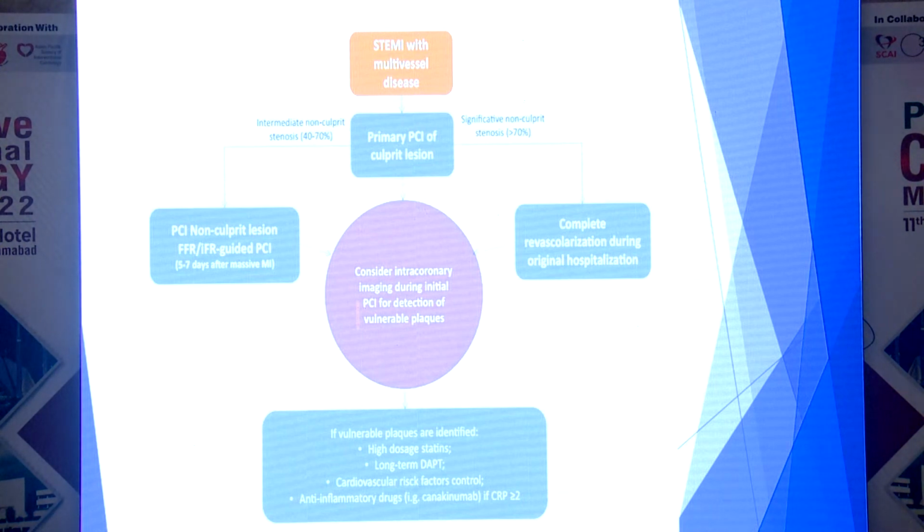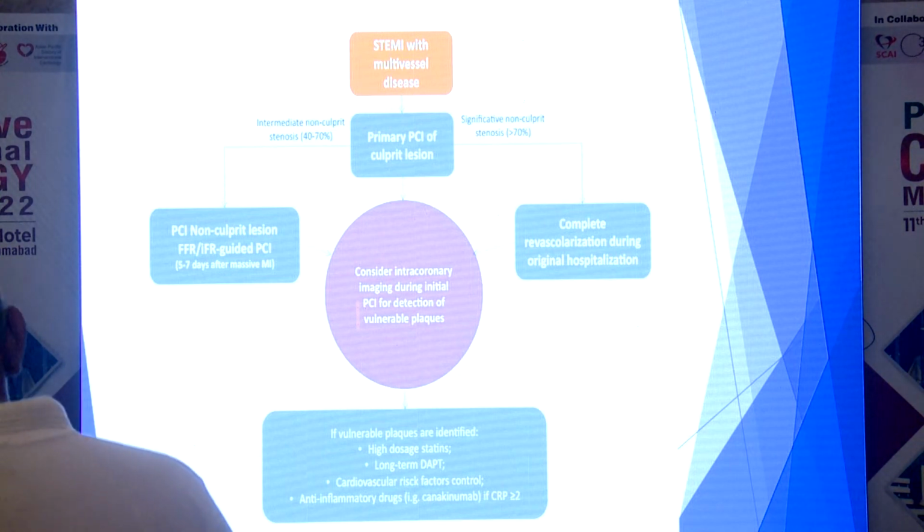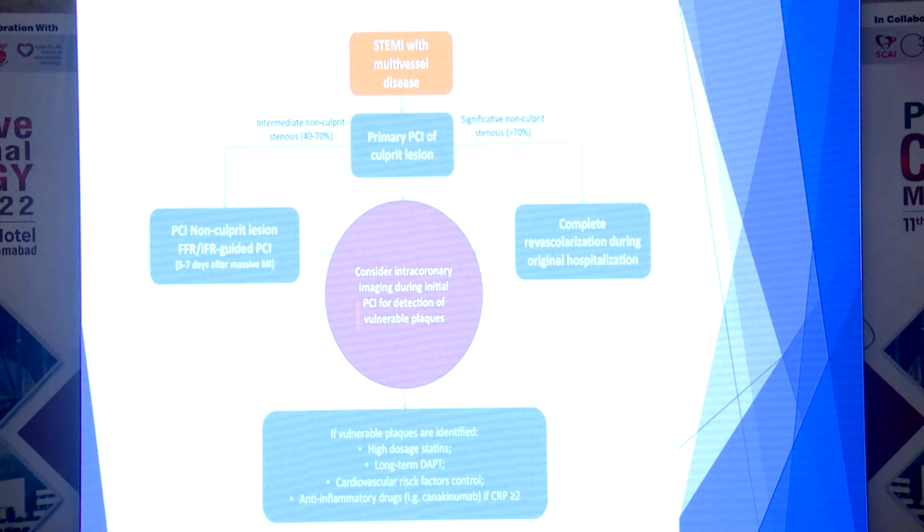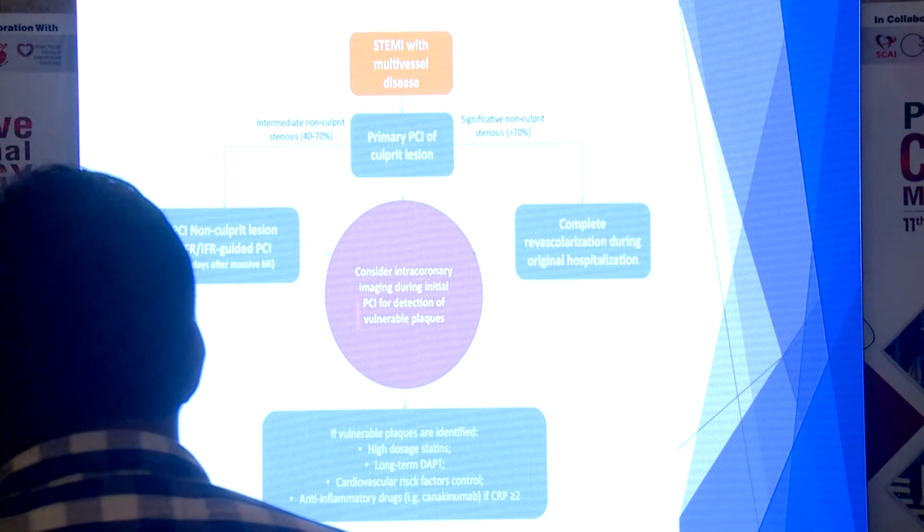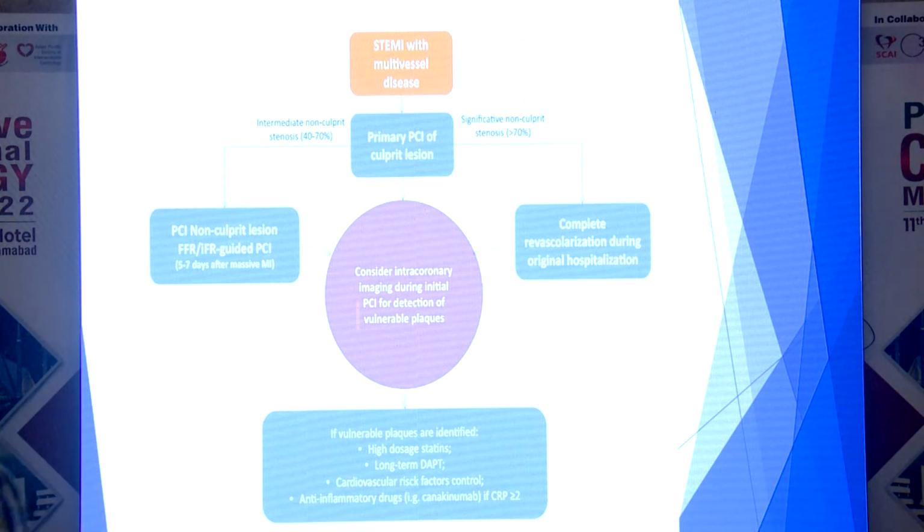So we go with the algorithm: ST segment elevation MI with multivessel disease in 2 groups, intermediate non-culprit stenosis, that is 40 to 70%, or a significant non-culprit stenosis that is greater than 70%. If it is greater than 70%, it is easy. You go with complete revascularization during the original hospitalization.